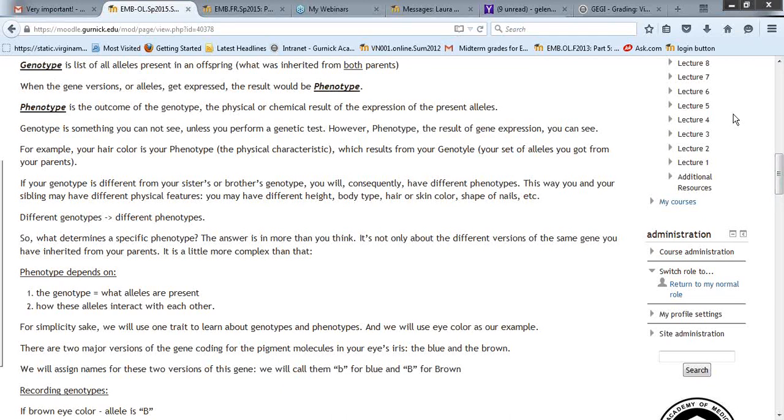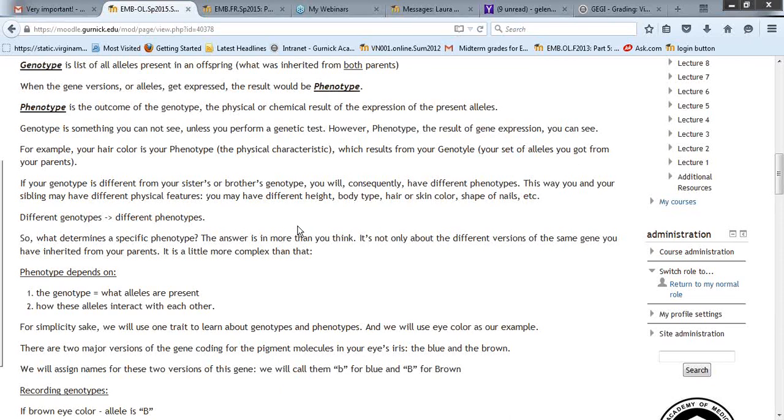Okay, so for example, your hair color or your eye color is your phenotype. It's a result of the expression of your genes. It's a result of your genotype. Okay, what alleles you inherited from your parents, your genotype, would dictate what you can observe, your phenotype. Right?